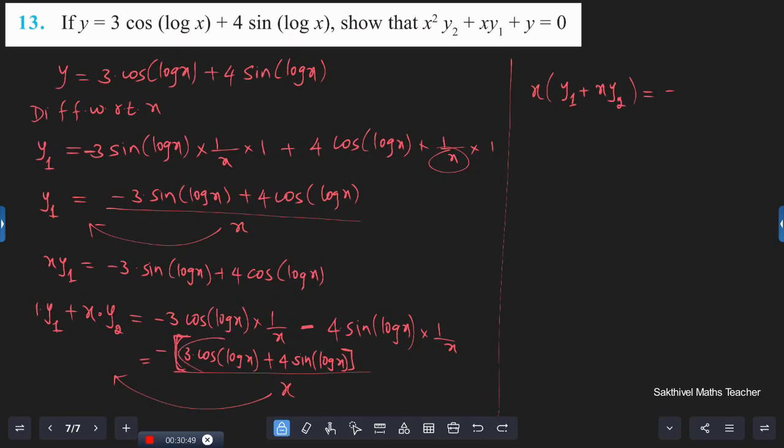Have you noticed what the numerator is? It is the question's y, so you can write y. Now take the x inside: x into y1, x square y2, minus y, which is equal to 0. If you arrange as asked, you get x square y2 plus x y1 minus y equal to 0. That's it, we have done it. Is it okay, the 13th?